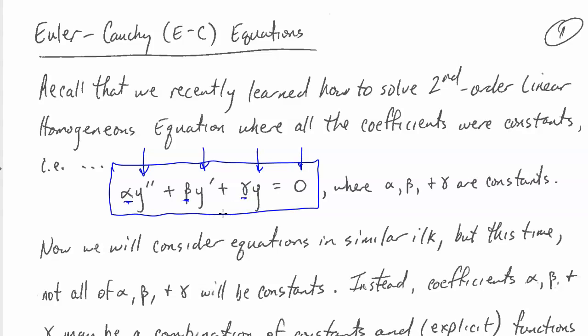Specifically, this alpha and this beta here will be functions of our independent variable, which we're normally going to call x. Sometimes we'll call it t, but we'll just assume x for simplicity now. So alpha and beta will be functions of x, whereas gamma here will actually be a constant.